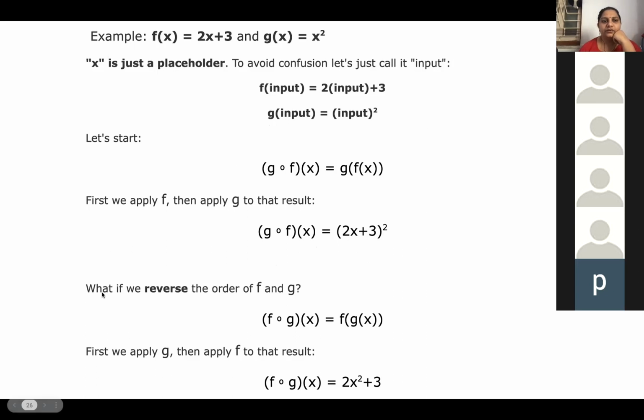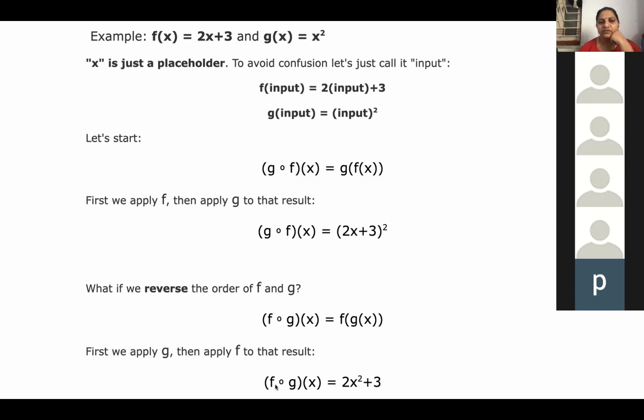Then what if we reverse the order of f and g? It will be f composite g of x is equal to f of g of x. Now what is g of x? It's simply x square.